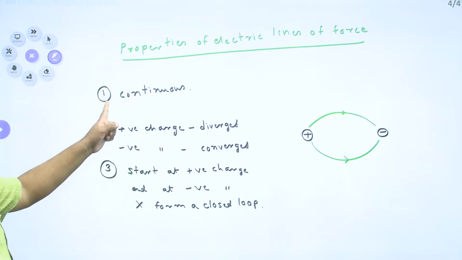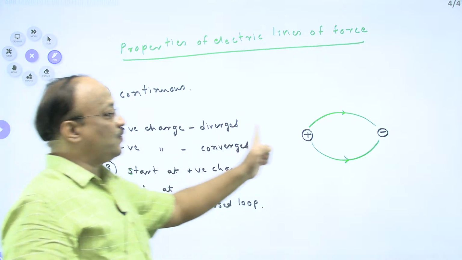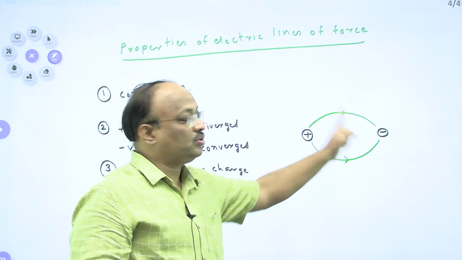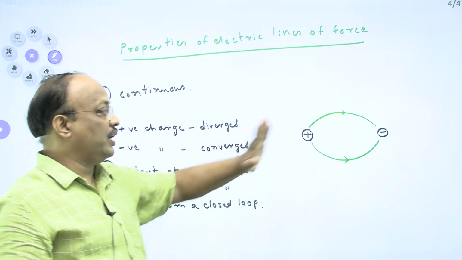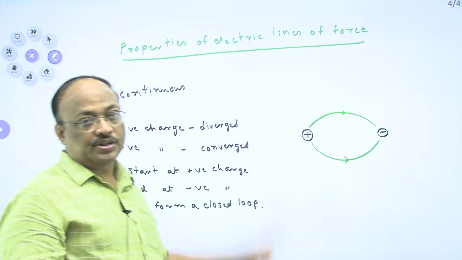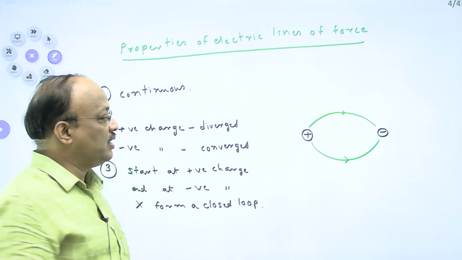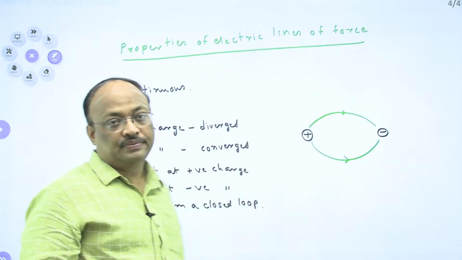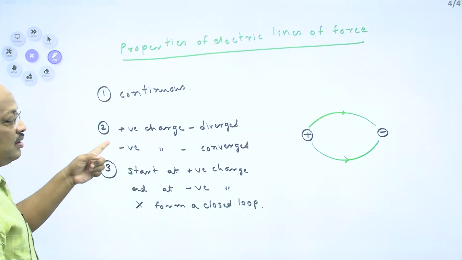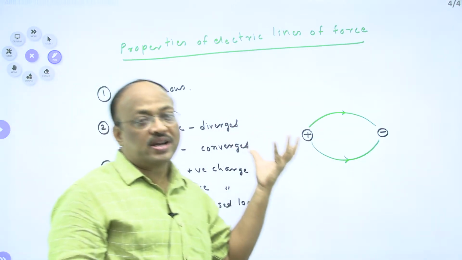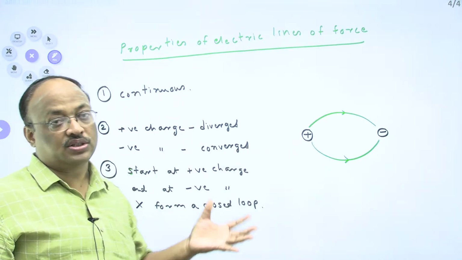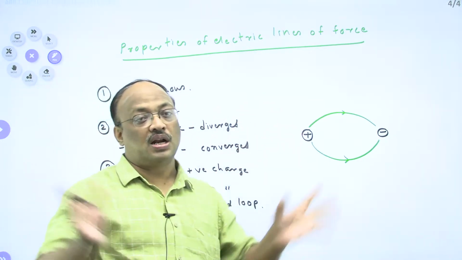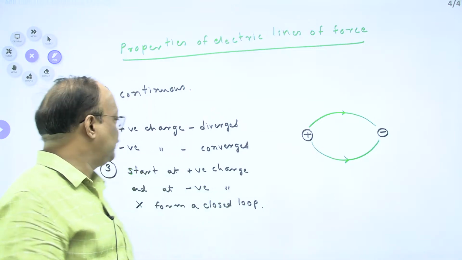The electric lines of forces are smooth, continuous, they never break. Second, if it is an isolated positive charge, electric lines of forces are diverged.